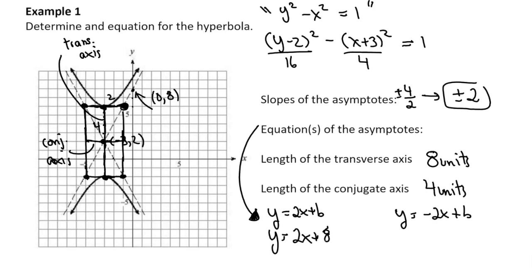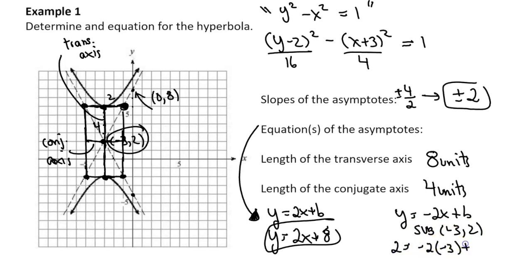Let's do that for the second example right here. Sure, we can find our y-intercept pretty easily, but if you didn't know that, but we know that it crosses through the point -3, 2, then you could sub in -3, 2, and say 2 equals -2 times -3 plus b. That gives positive 6, so you would subtract 6 onto the other side, giving -4.